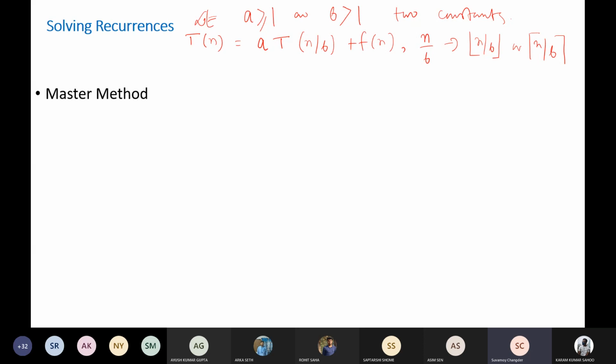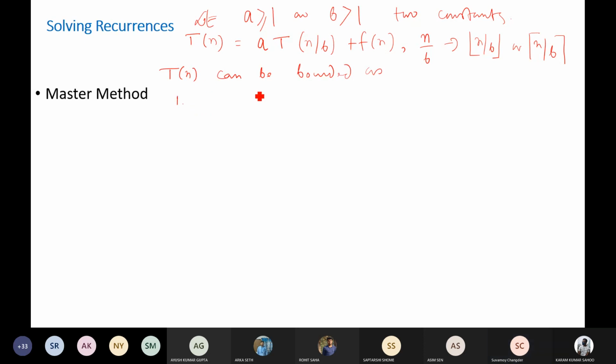So we can consider n/b as the floor or the ceiling of n/b. So a greater than or equal to 1 and b greater than 1 are two constants, and T(n) can be written in the form a T(n/b) + f(n). If it can be written in this form, then T(n) can be bounded as follows.